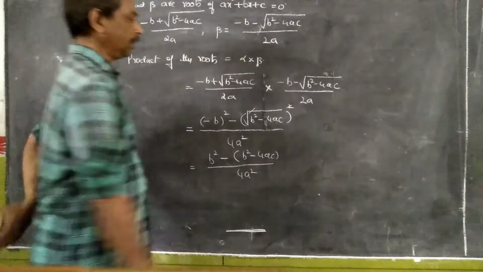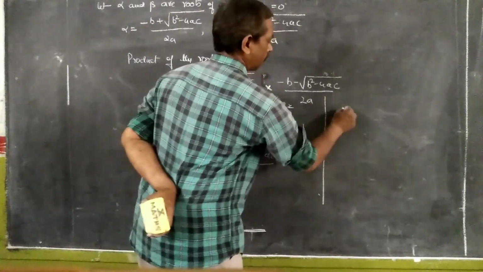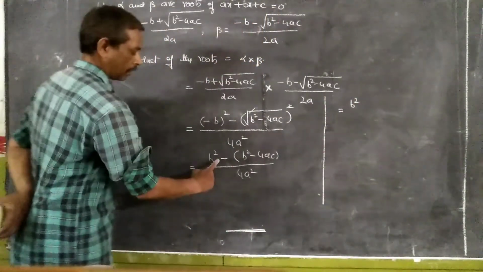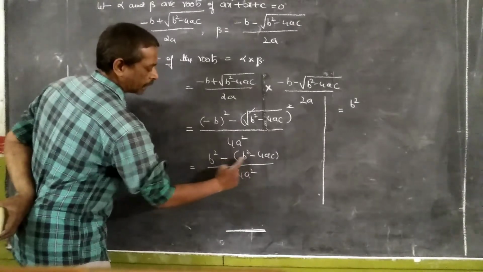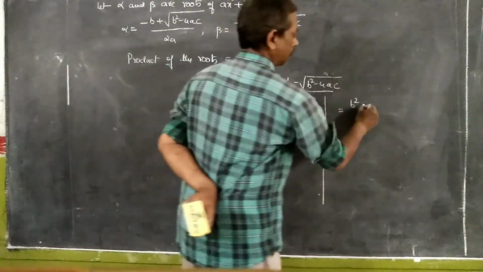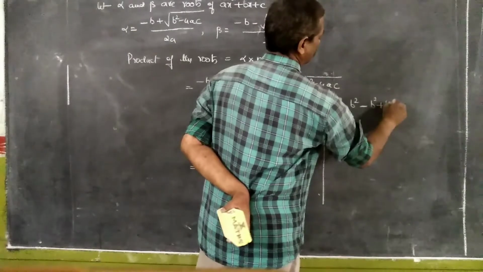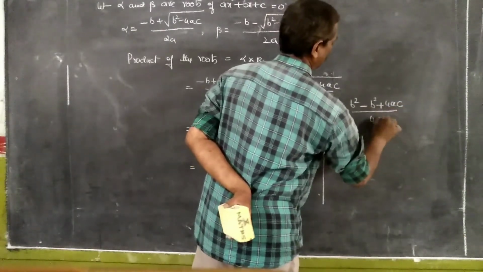Now simplify. b² − b², minus into minus is plus 4ac. So 0 plus 4ac by 4a².